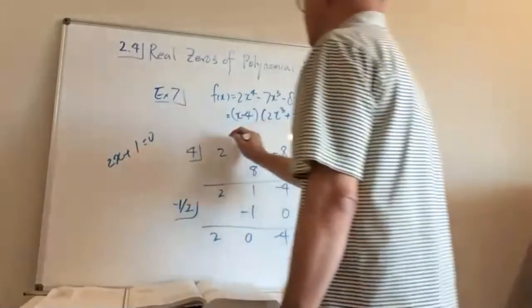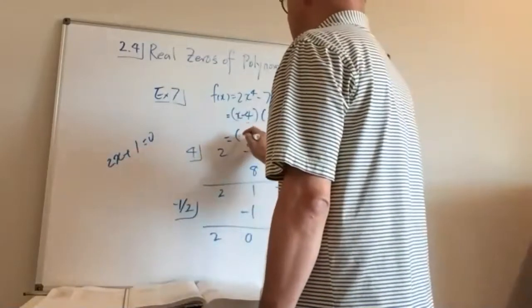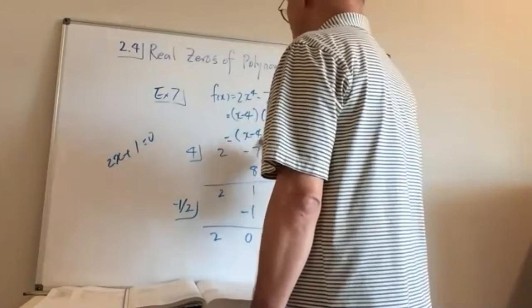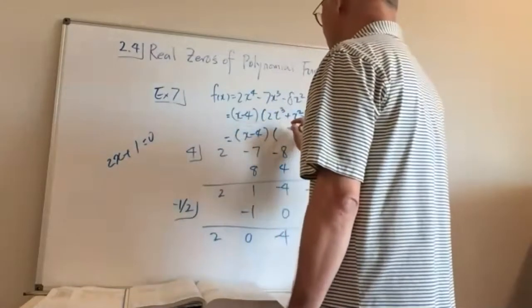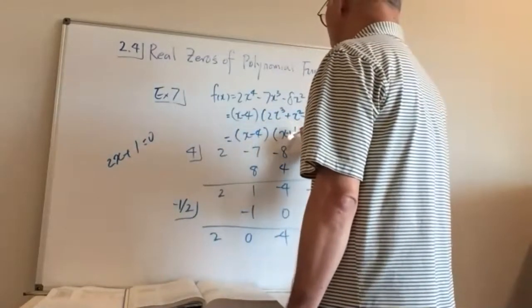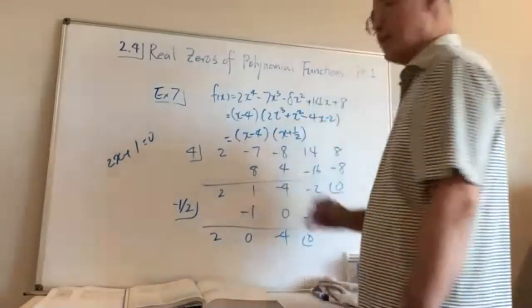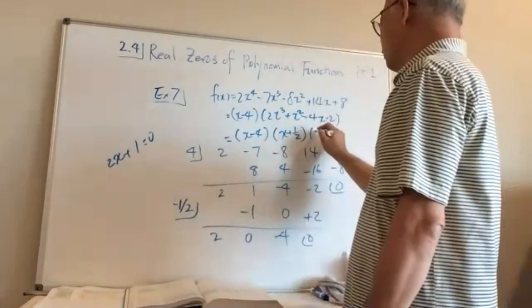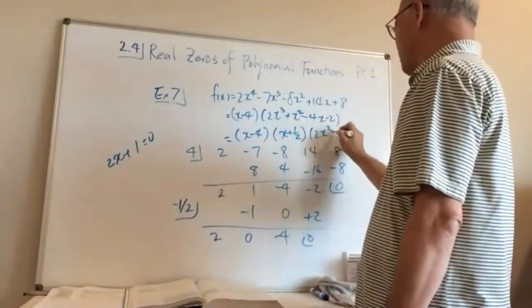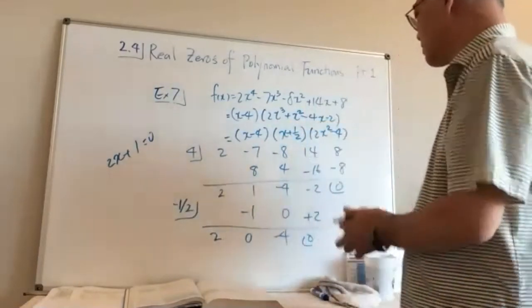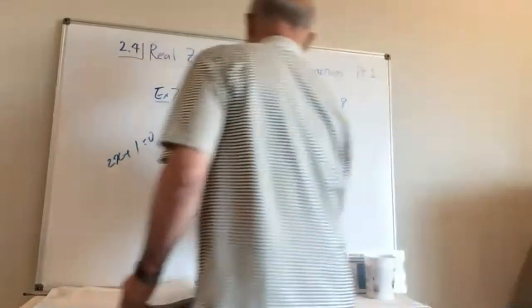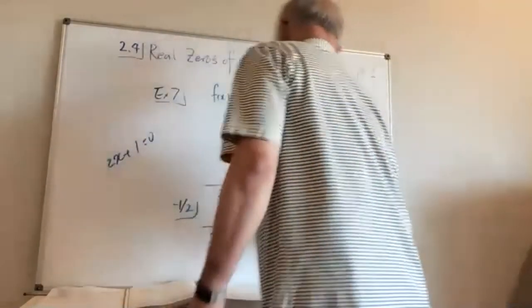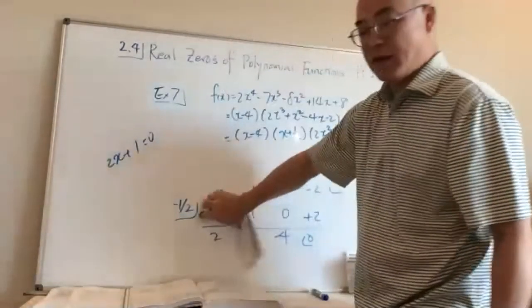So this is basically the same as x minus 4, but here we go. I'm going to go ahead and say x plus 1/2, right? Because that's what this guy is. I'm going to have this guy left over. 2x squared minus 4. Okay, now something happens when I do the 1/2.